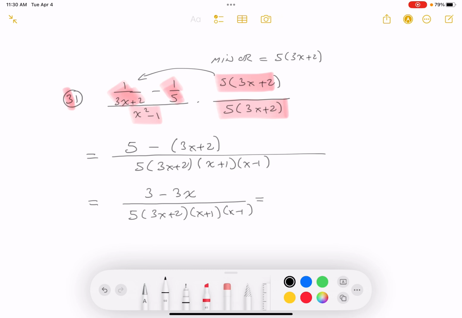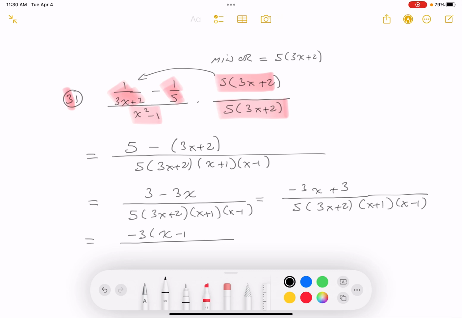Now I'm starting to see something. What I see is the order on the top is a little bit different, so I'm going to write it a little differently: minus 3x plus 3. And on the bottom I see 5, 3x plus 2, x plus 1, x minus 1. What do you do here? Factor out a minus 3 on top, and you're going to get x minus 1.